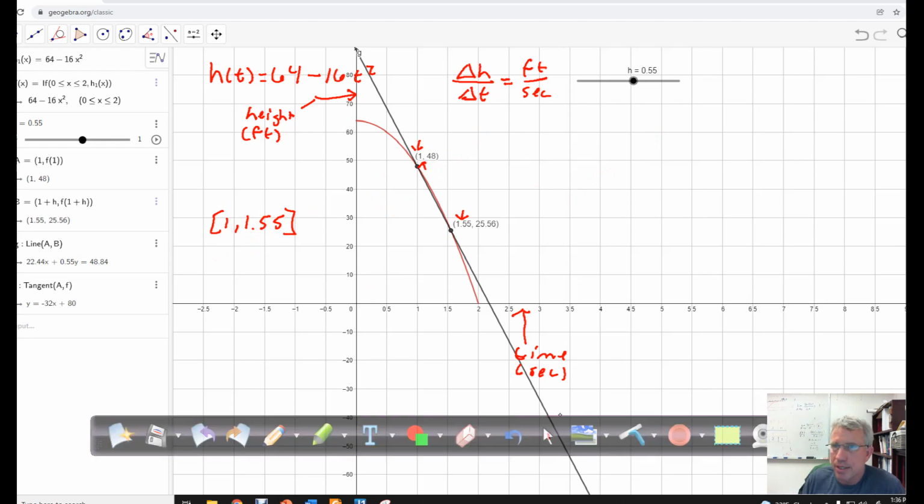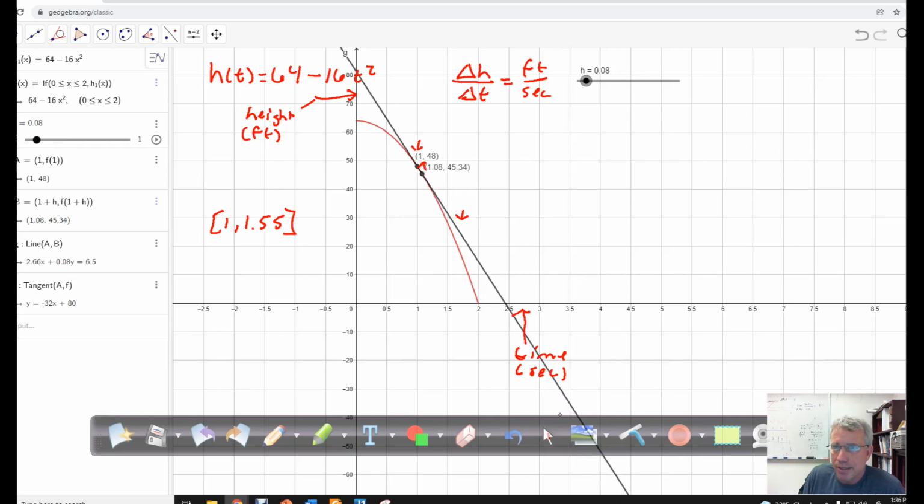And the big idea is that if we let this point 1.55 become closer to the point at which we're actually interested in the speed, in other words, we let the time difference between them become smaller, then the slope of the secant line, or the average speed, would give us a better and better estimate for the speed when t equals 1.